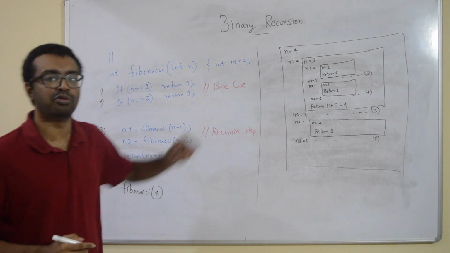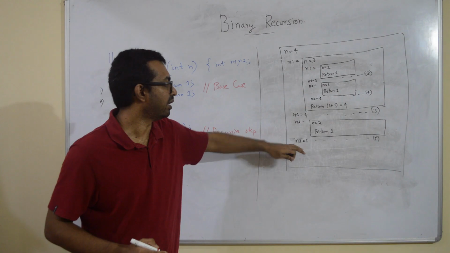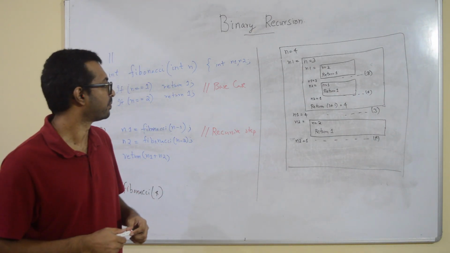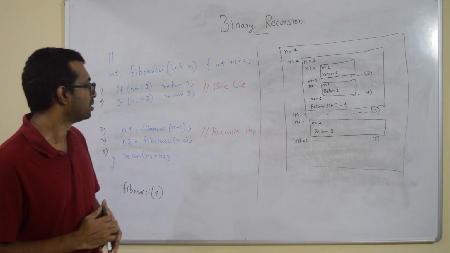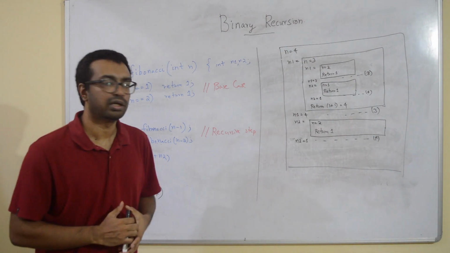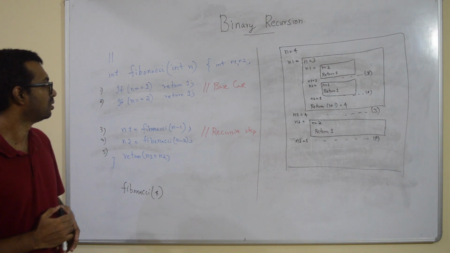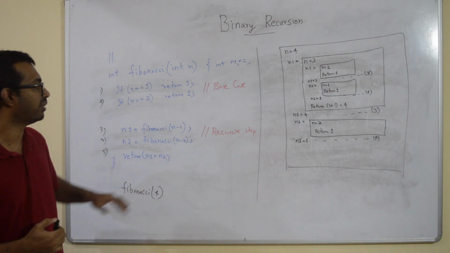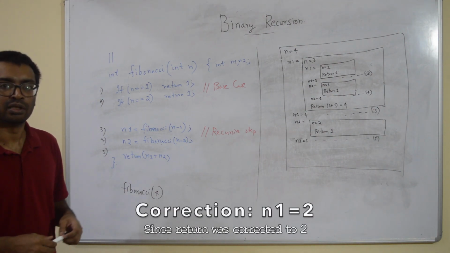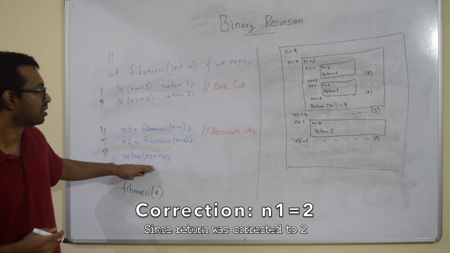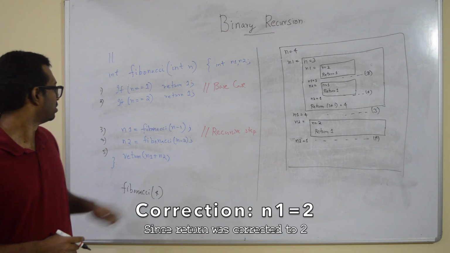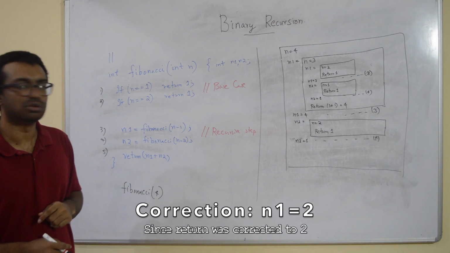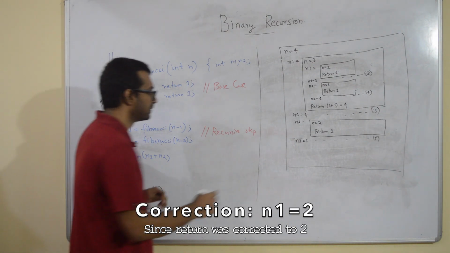Okay. So now we have both n1 and n2 values. Now what is the value of n1 plus n2? What is the value of n1 here? 4, and n2 is 1. So what is the value of that?